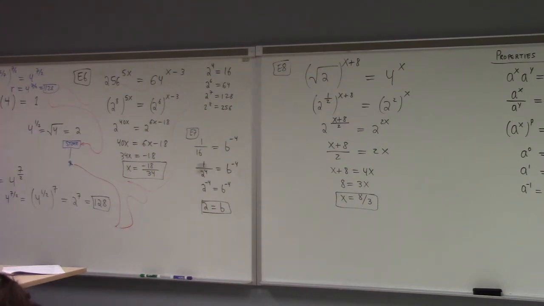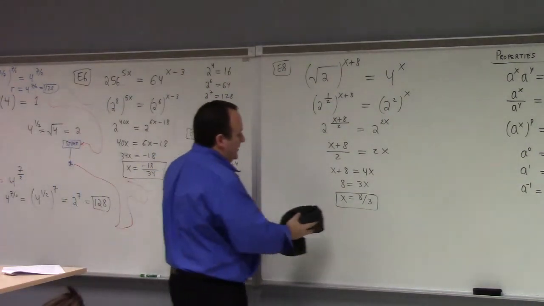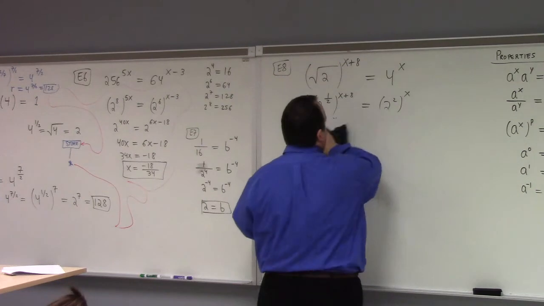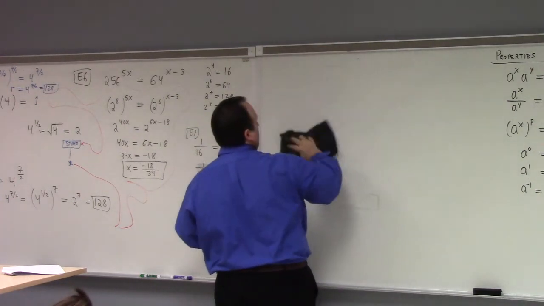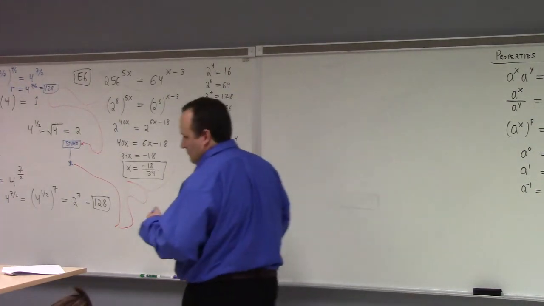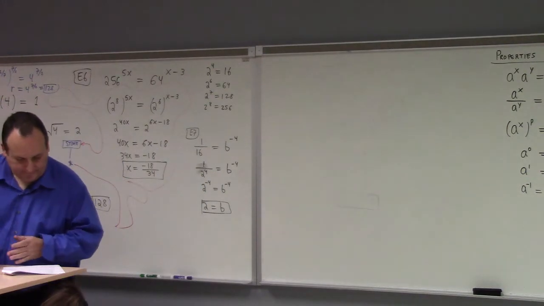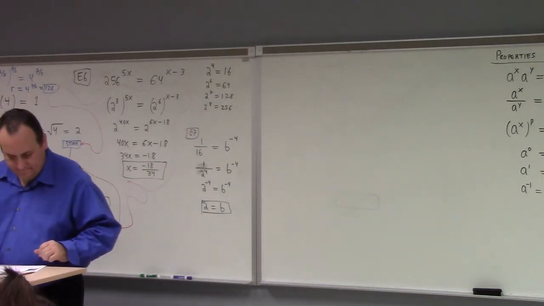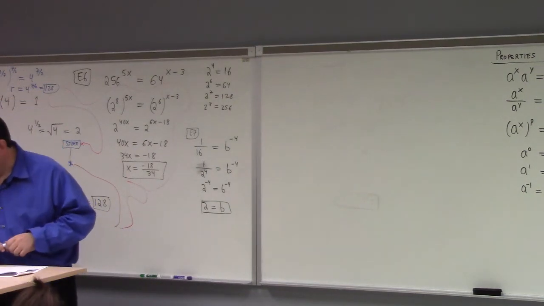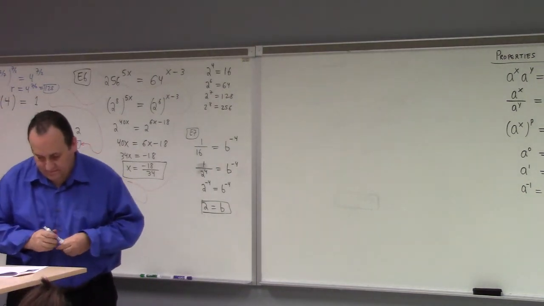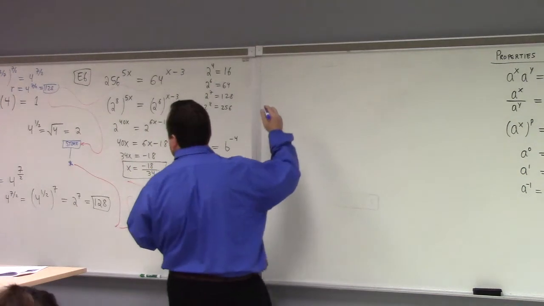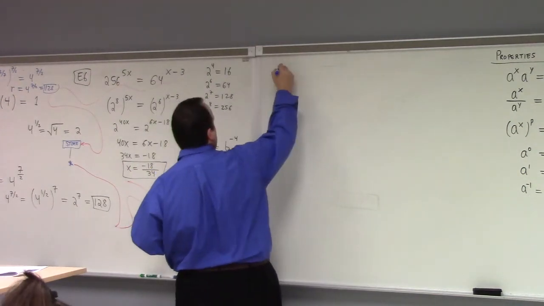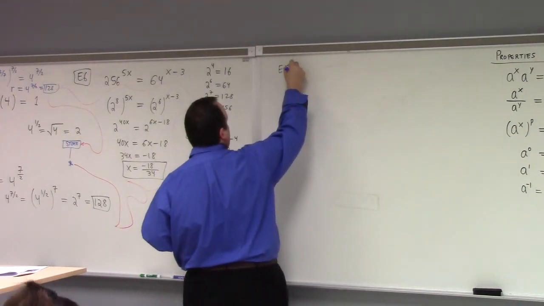All right, let me try to find a problem where we actually need logarithms, because that's not the one. I will show you an equation where I need logarithms, and then we'll get back to the other problems in the homework.